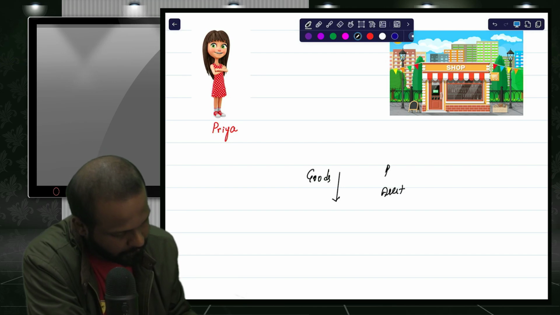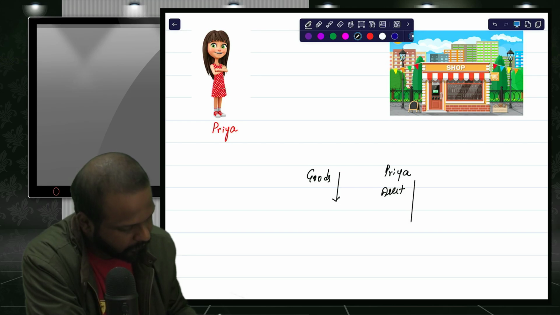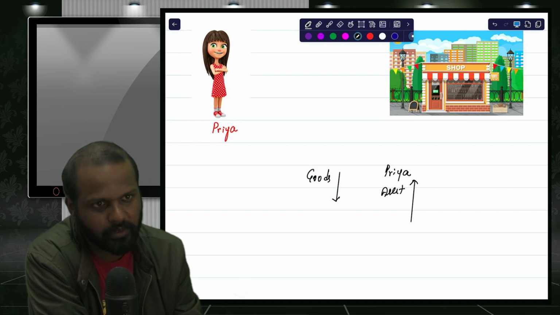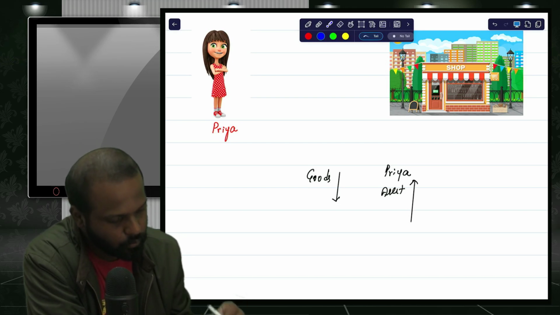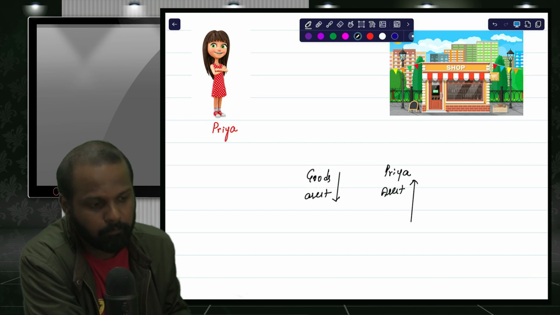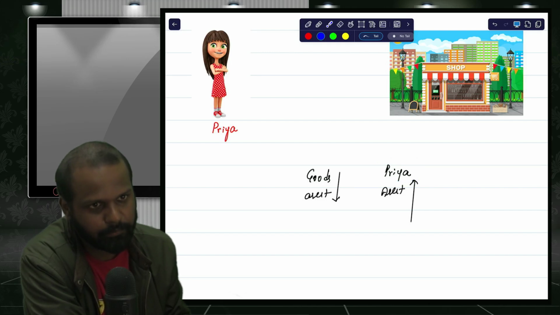In your books, you create an asset by the name called Priya. Creating an asset or increasing an asset, both are same. So two changes are happening. First, goods. We know that goods is an asset. And one more change is Priya. We have to create an asset in the name of Priya.